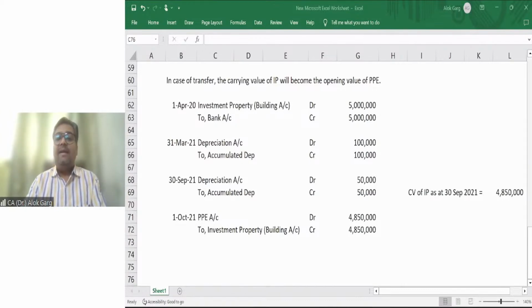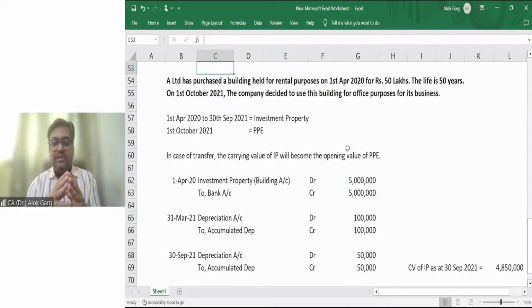Sir, we understood that if the use of the investment property is changing, the classification will also change, right? And on the date of transfer, when this investment property is moving to PPE or inventory, the closing value of the investment property will become the opening value of the PPE or inventory.